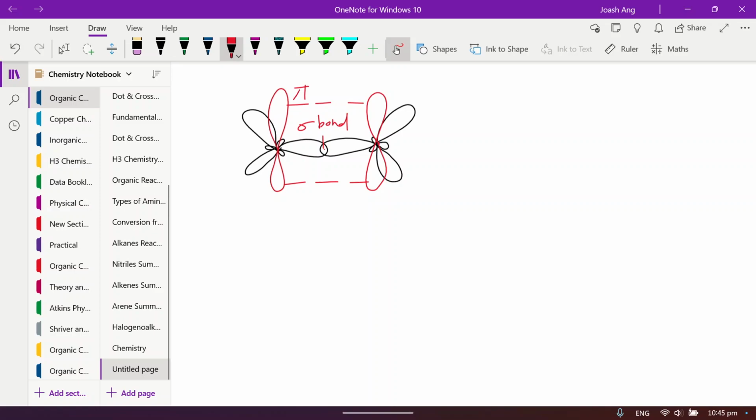Whereas the p orbitals are unhybridized, they are overlapping side on. And because of that, the orbital overlap is not as effective as that of a sigma bond, because as you can see, the electron density is accumulated away from the internuclear region.